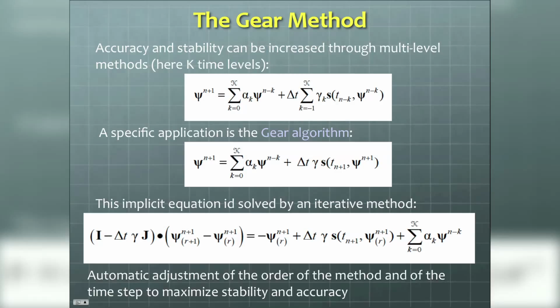You solve it with an iterative approach, and in the usual gear method that you find on the internet, for example, you will have an automatic adjustment of the order of the method. That's this value of k here, and the time step. They will adjust themselves automatically to be as accurate as possible and stable.